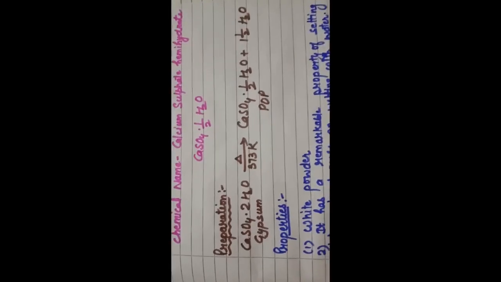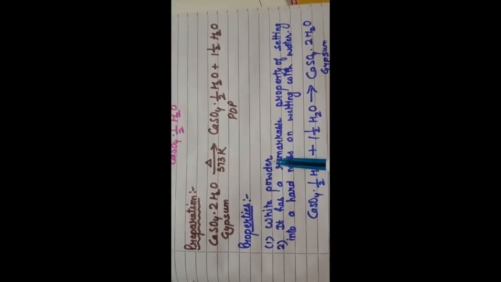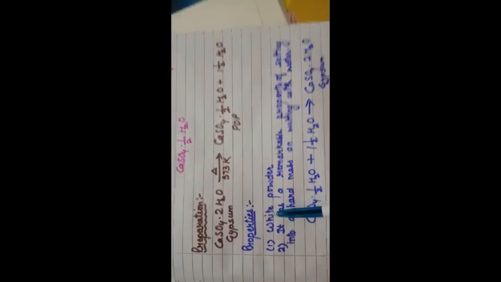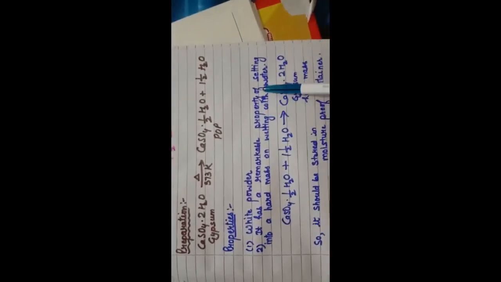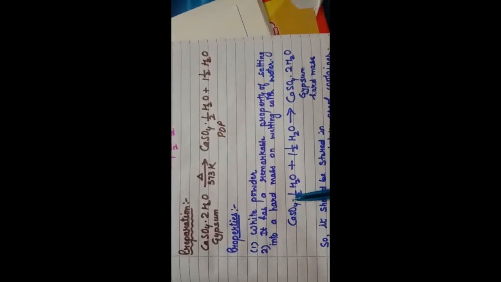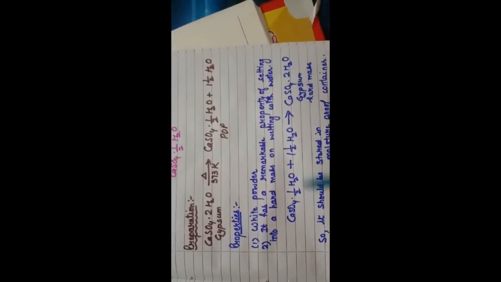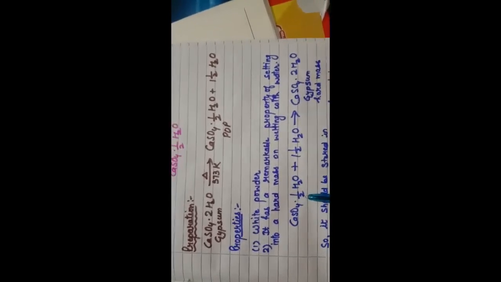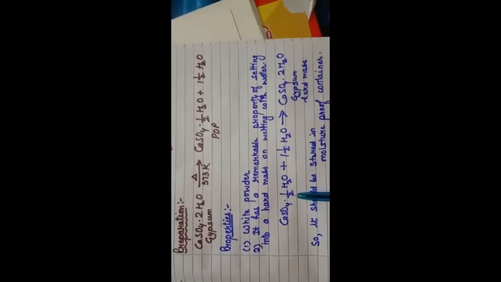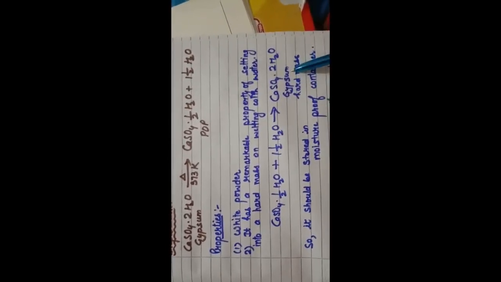Next are its properties. Its first property is it is a white powder, in powder form of white color. Second, it has a remarkable property of setting into a hard mass on wetting with water. That means if we provide some amount of water to this plaster of Paris, it forms a hard mass that is called gypsum.